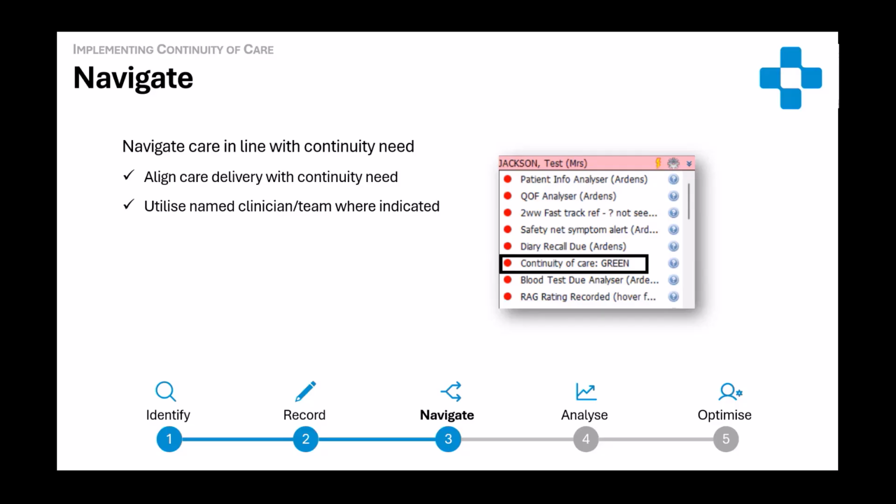So a helpful way to think about this is with a simple example. Imagine that you've got 3 patients on the same day with a very similar issue, for example, increasing fatigue and shortness of breath. On the surface, they look quite similar, but their continuity needs are very different. The first patient is living with severe frailty and multiple long-term conditions, so they would fall into that red category.